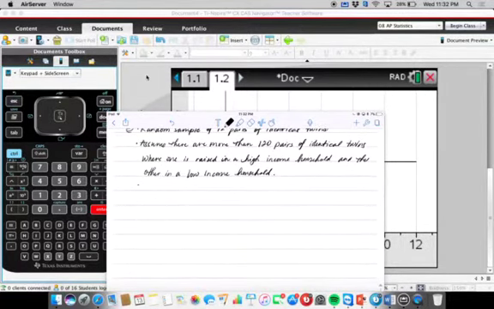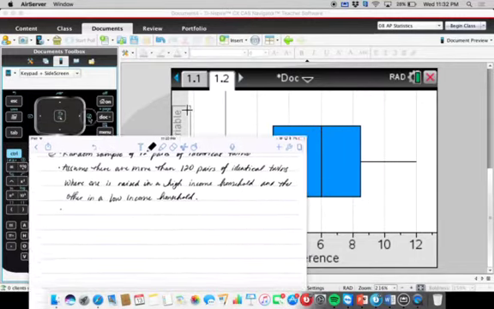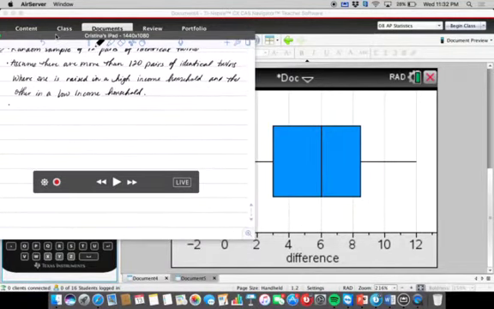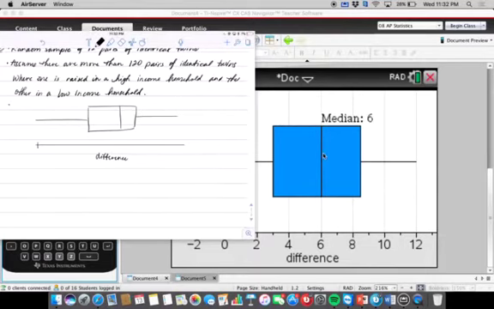And for the sake of time, I'm just going to draw a general box plot. That looks kind of like what you have. Of course, you already know you should be doing your labels, so there's going to be difference. You should give me your numbers exactly how they appear, not the way I'm doing it. This one's going to be 6, 8.5.